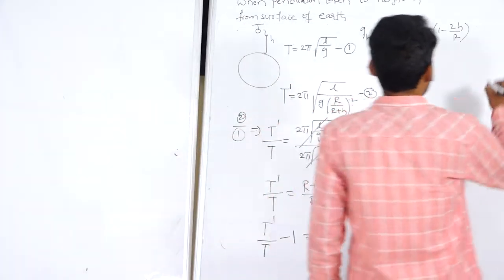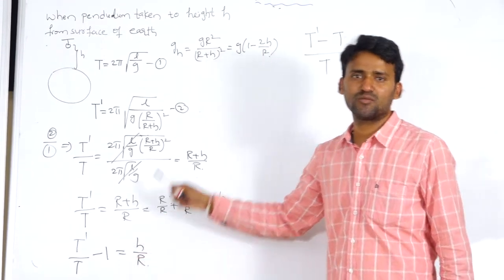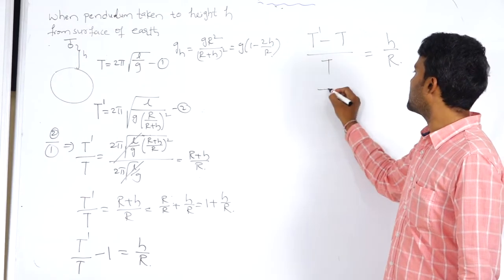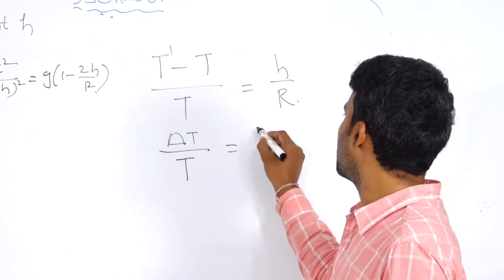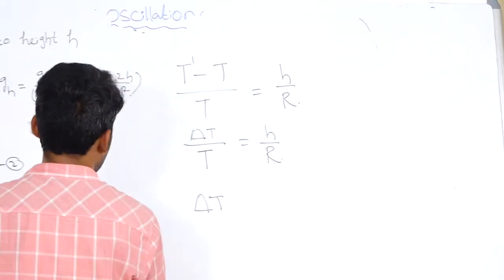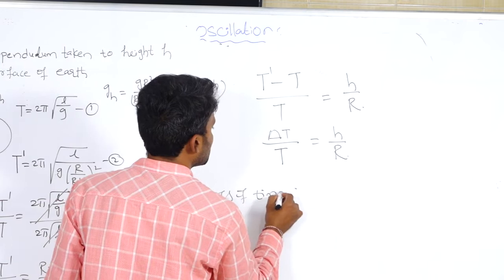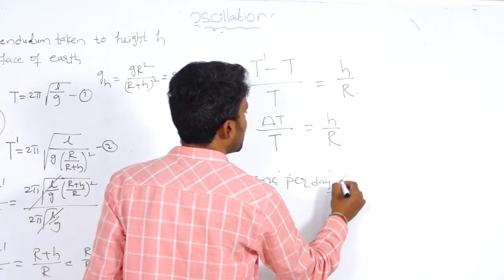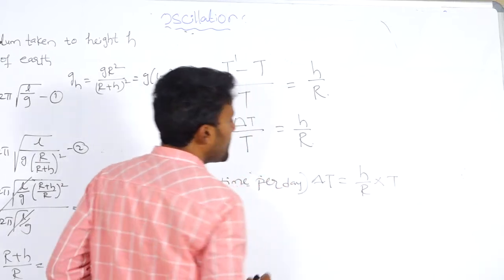Taking the LCM as T, T dash by T minus 1 is nothing but T dash minus T divided by T, that is equal to H by R. Here T dash minus T I am writing as delta T. Delta T is nothing but the loss of time divided by T, that is equal to H by R. So delta T, loss of time per day, is equal to H divided by R into capital T. What is H?